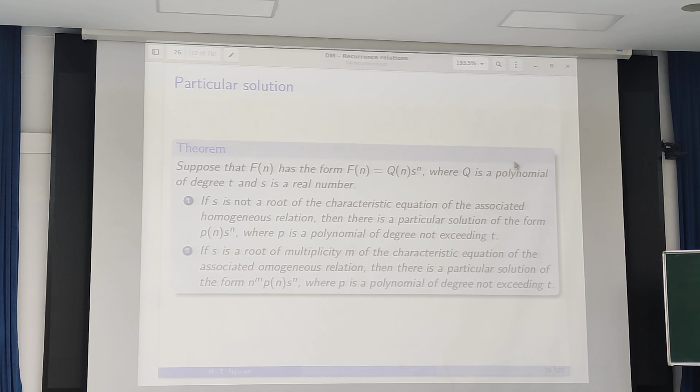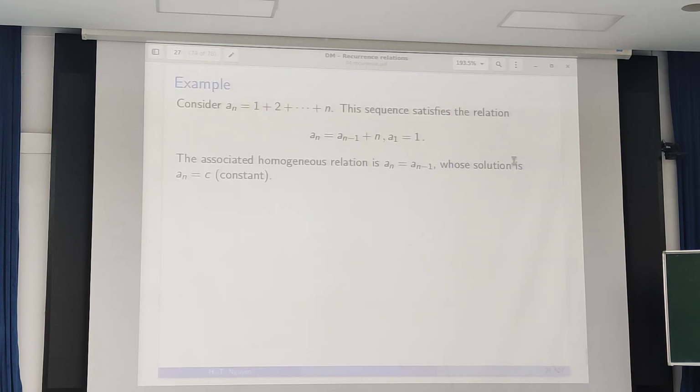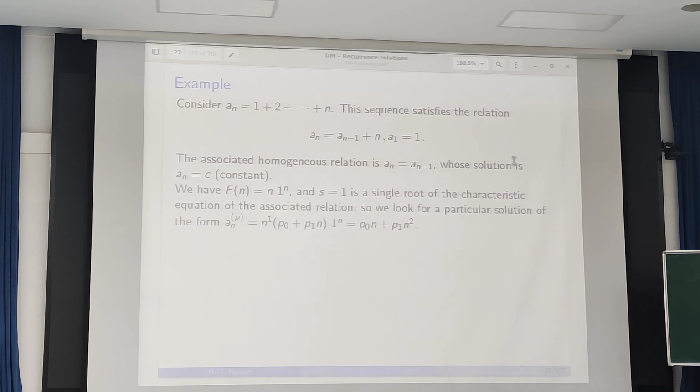Okay, and then we will use the method of identifying coefficients of polynomials to find the coefficients for Pn here. So let us look at this example to illustrate how we do it.